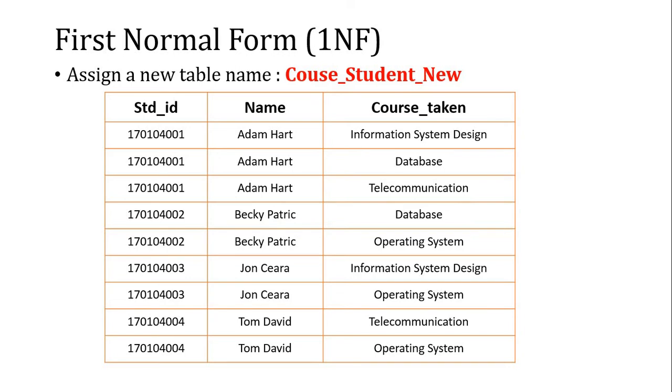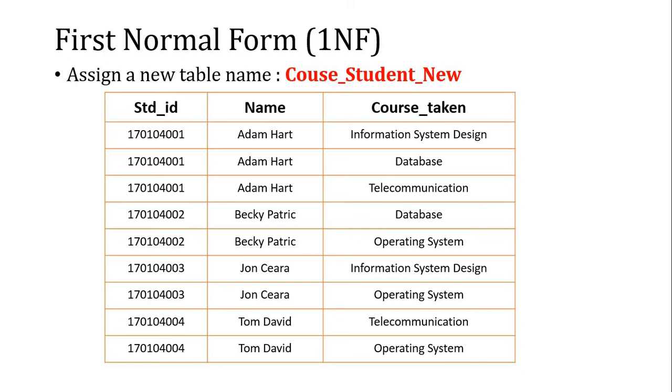Here no data is changed, but roll number 1 Adam Hart is taking 3 courses. The 3 courses of data are inserted in 3 tuples. Roll number 2 was having 2 courses, database and operating system. These 2 data are inserted in 2 tuples.